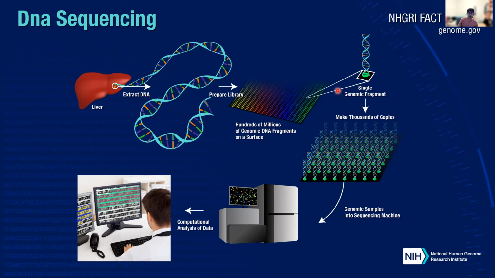Basically they make thousands of copies from each, and then they put them into the sequencer, where they use some light-based or current-based sensing technique to read those fragments. And those fragments, which are composed of A's, C's, G's and T's, would come onto the computer. So when those come, you have to do a number of computational analysis steps to interpret some meaningful information.